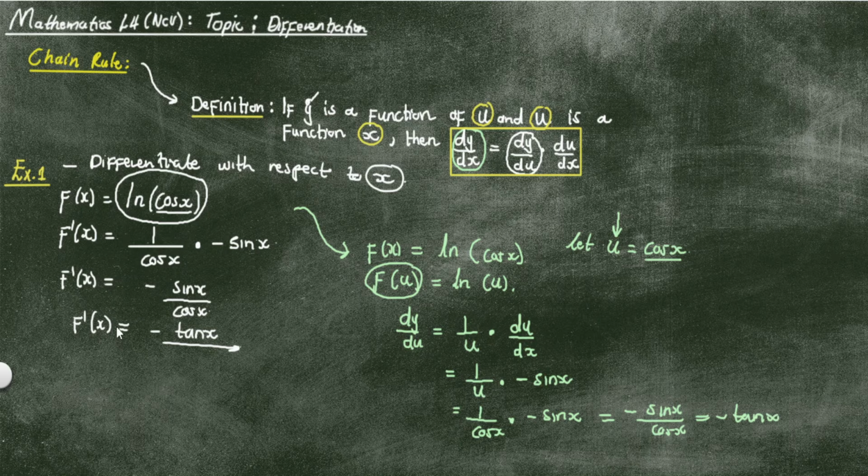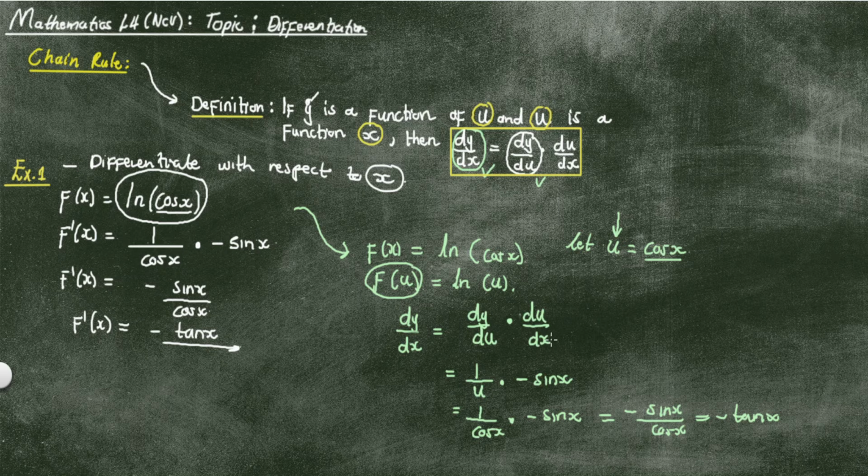I was actually supposed to write this in this fashion, and erase this part. I was supposed to say dy dx here and write dy over du multiplied by du over dx.